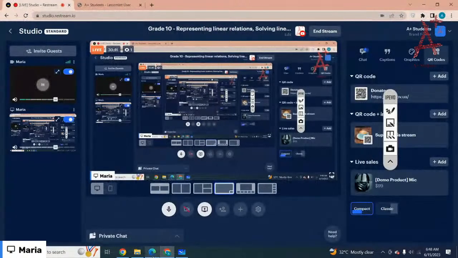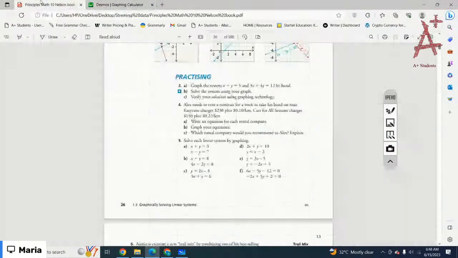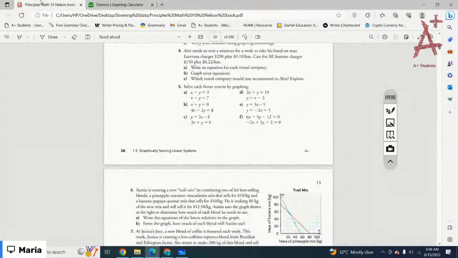Got it? Okay, the next one is, solve each linear relation system by graphing. Let's just start with question number 5. x plus y equals 3 and x minus y equals 7.